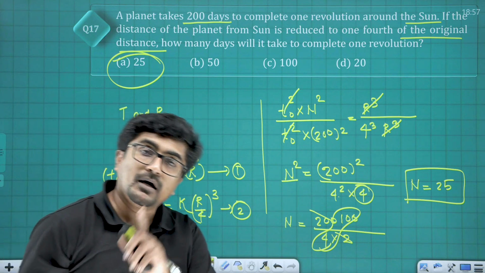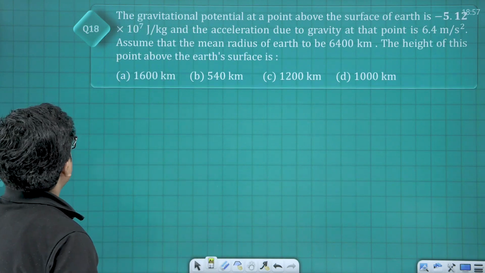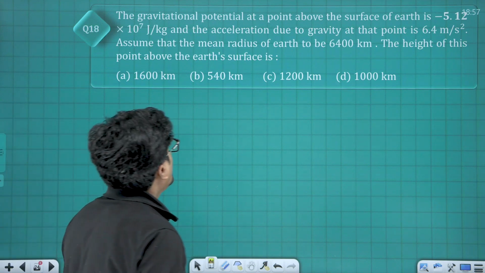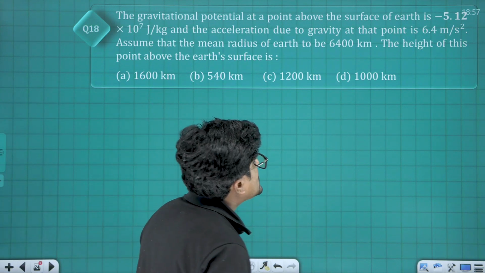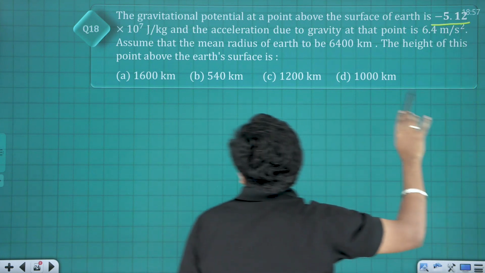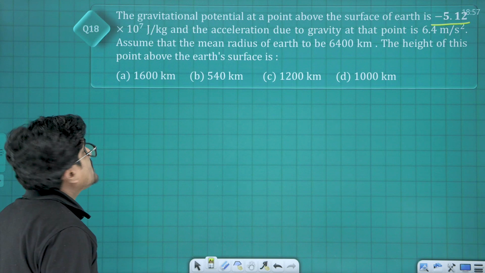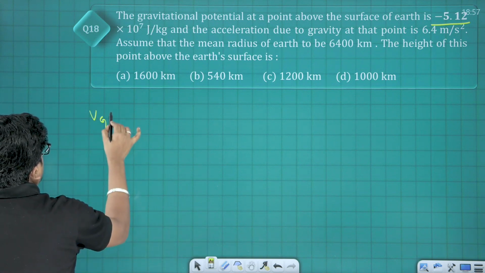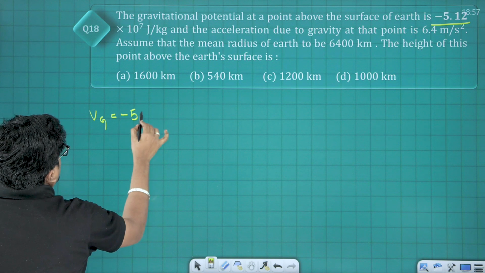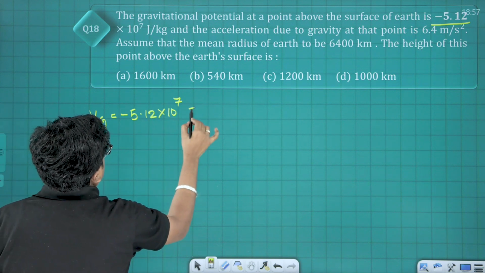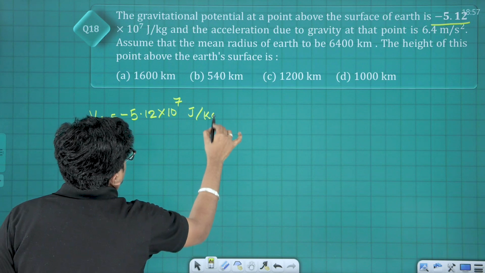Next is question number 18. Question number 18 says, the gravitational potential at a point above the surface of the earth is minus 5.12 into 10 to the power 7 joule per kg.